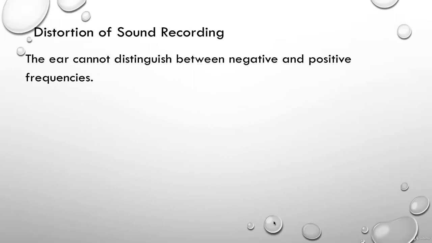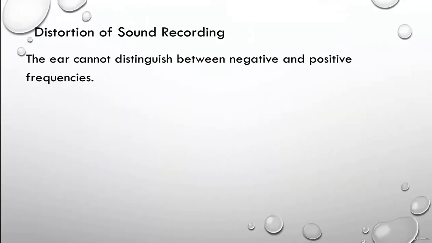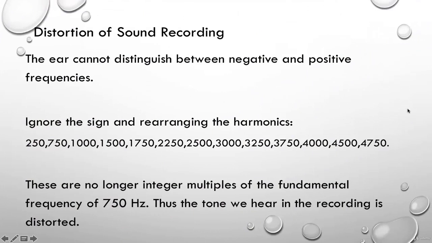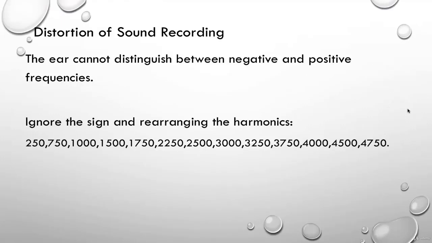It turns out that our ear cannot distinguish between negative and positive frequencies, and so we take those negative frequencies and simply make them positive. So now this is our new set of harmonics, and unfortunately, because of aliasing, we now have signal that is not in the original harmonics.